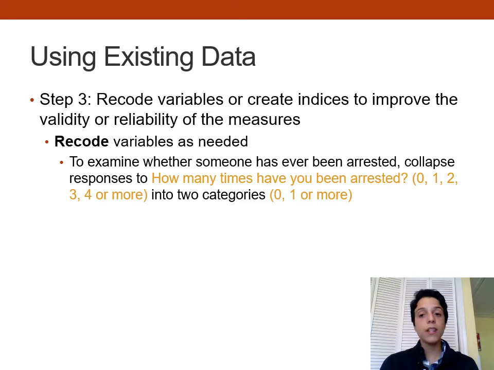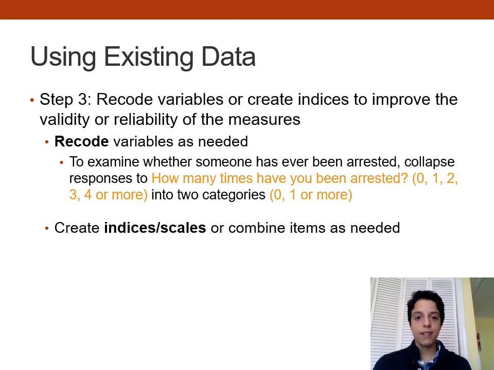So the only thing that you've done is you've lumped everybody who answered 1, 2, 3, or 4 or more together into this grouping of 1 or more. But if your research topic was comparing people who have been arrested and people who haven't been arrested, this second coding would be closer to what you want than the first version where you have different numbers of prior arrests. So that's recoding. It's just changing around how things are measured to better suit what it is you're trying to do.